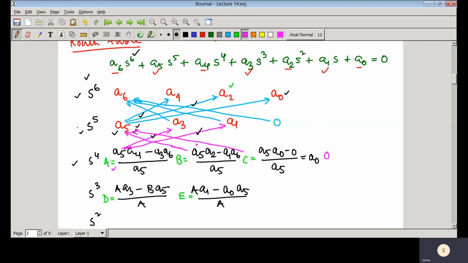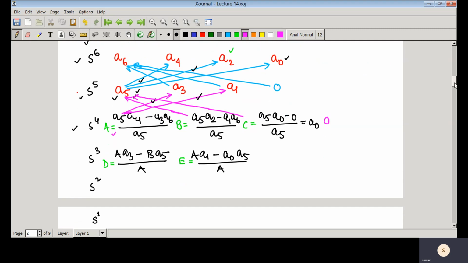The next one is this term into this, then this term into that. What will we get? DB minus EA, divided by D, this term.